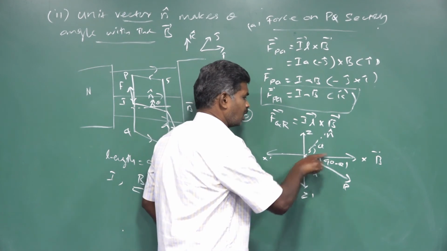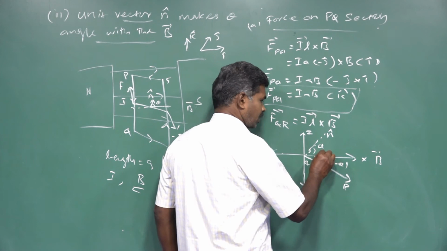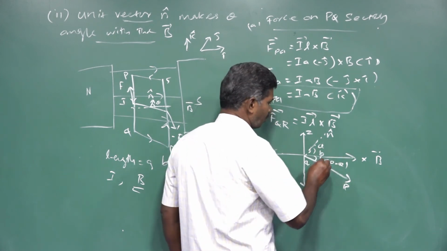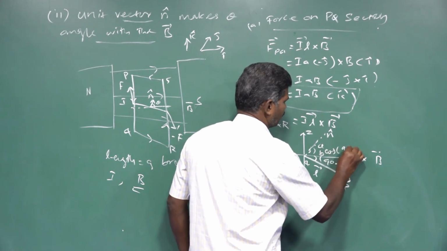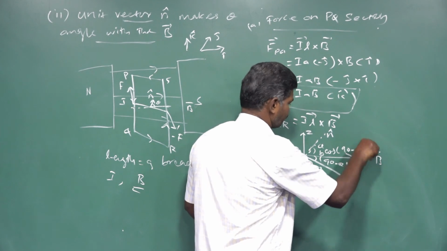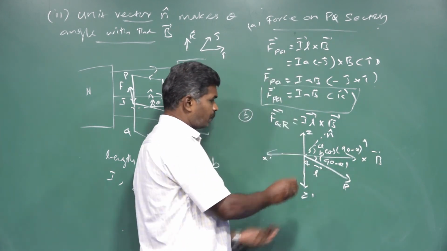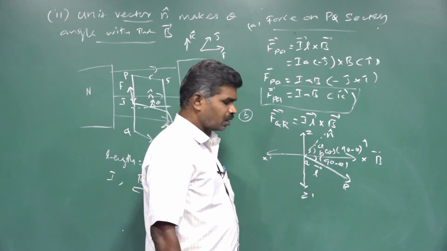First, the adjacent side component is the breadth side, that's why small b into cos of 90 minus theta along the x axis, that is I cap. Then upward axis is positive z axis, downward axis is negative z axis.